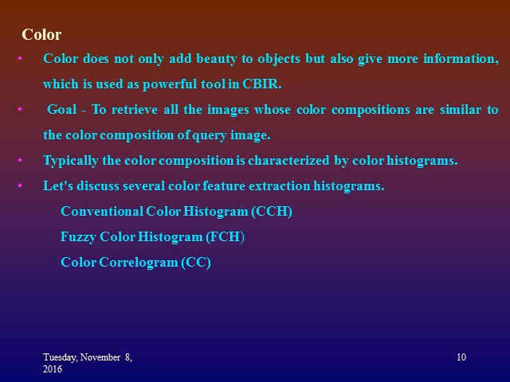Color histograms are widely used to extract the color distribution descriptors from the image. It is a statistic of the color of the pixels in the image. First, color distribution is represented by an appropriate color histogram, and then a color vector is formed from that histogram.